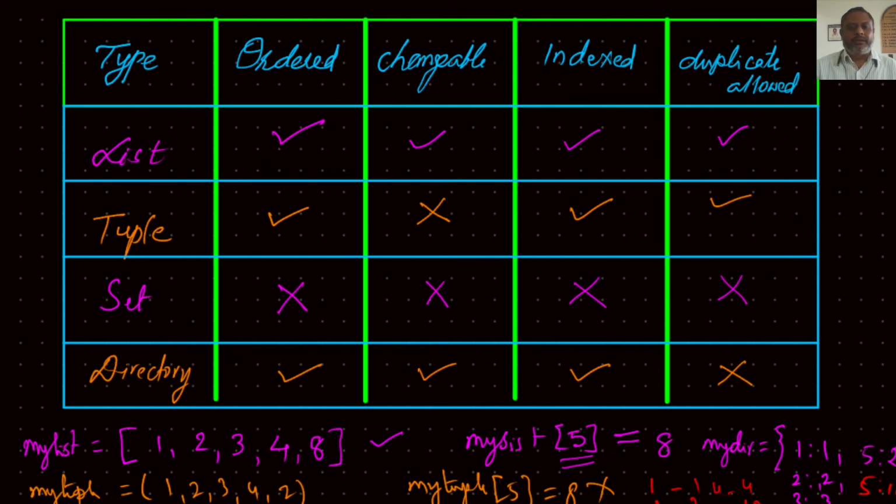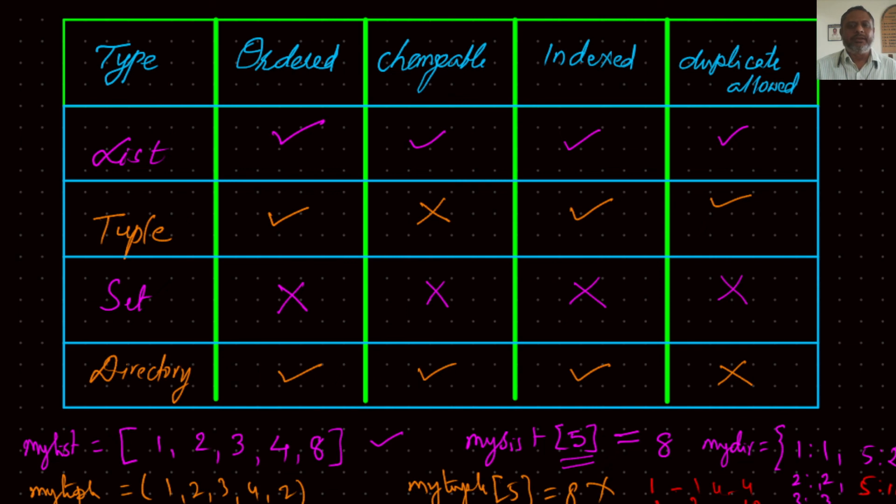The other way of looking at it is from the security point of view. If you go for the tuple version, then there is definitely no chance of modifying the data by mistake.